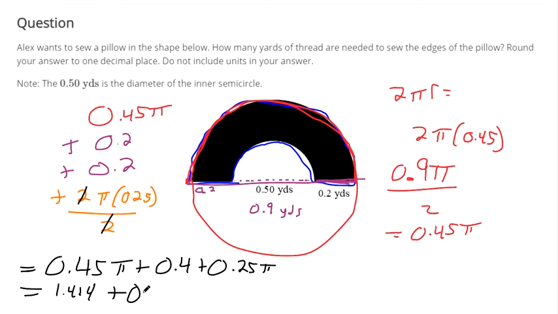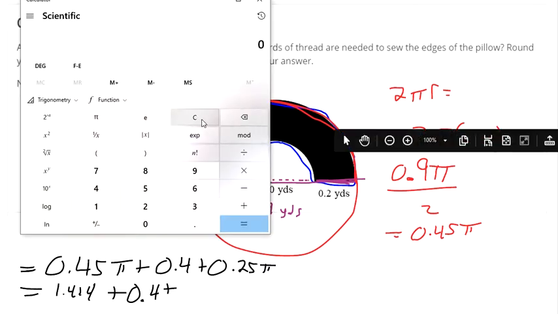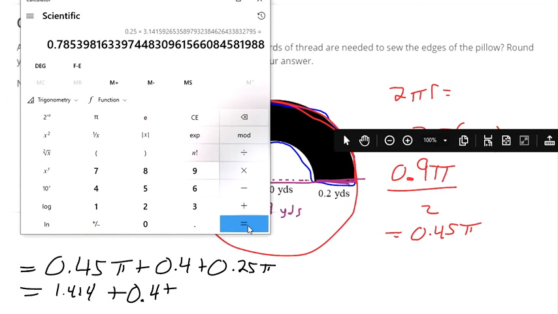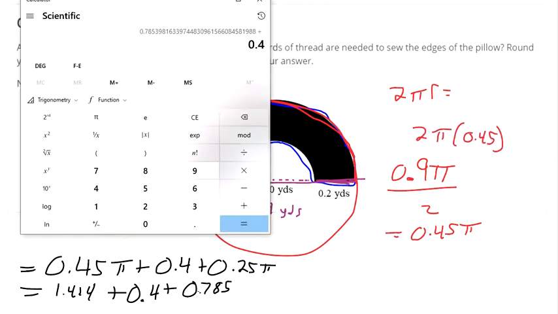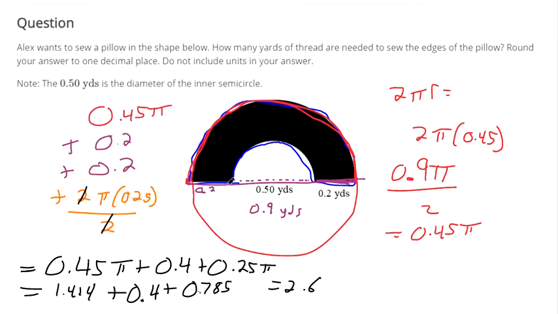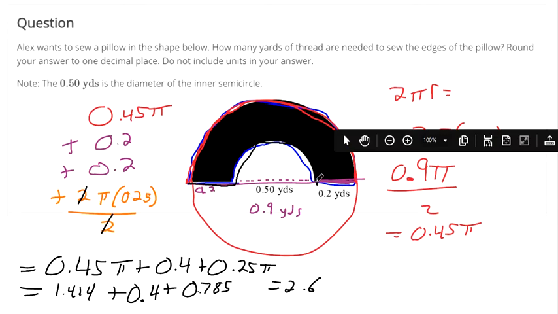And then over here we got 0.25 pi, so 0.25 times pi, 0.785. Okay, so if we add everything up, 2.6 is what it rounds to. So 2.6 yards to go all the way around the outside of this shape.